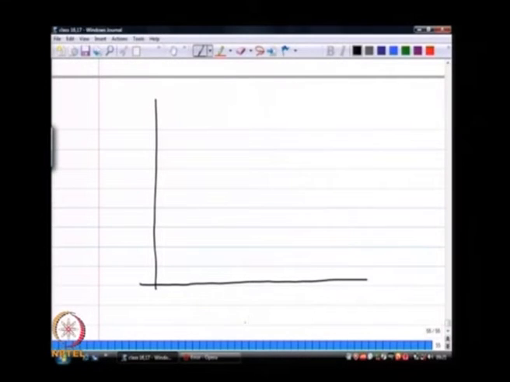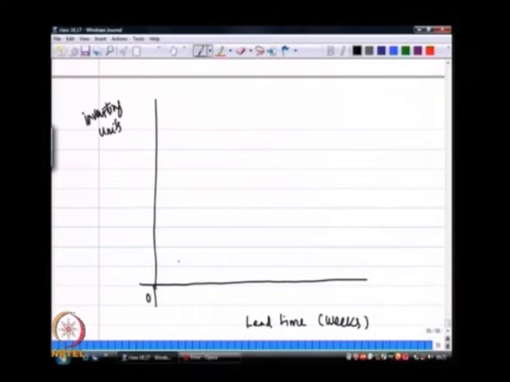Now, let us say this is the lead time, and we will denote them in weeks, and let us say this is the inventory units.